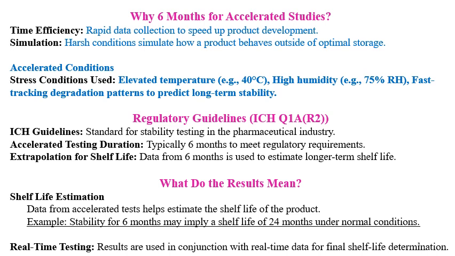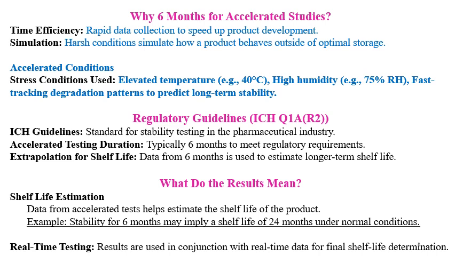Then what do the results mean? Shelf life estimation: data from the accelerated condition helps to estimate the shelf life of the product. Example, stability for 6 months may imply a shelf life of 24 months under normal conditions. The simple meaning of this is if you have the product stable at accelerated condition for 6 months, then it can be predicted that it will be stable at normal conditions for a minimum of 24 months.